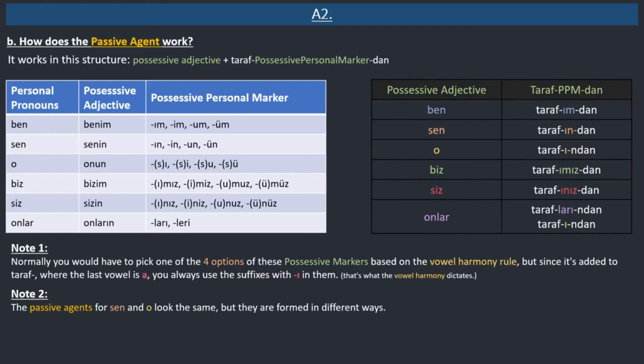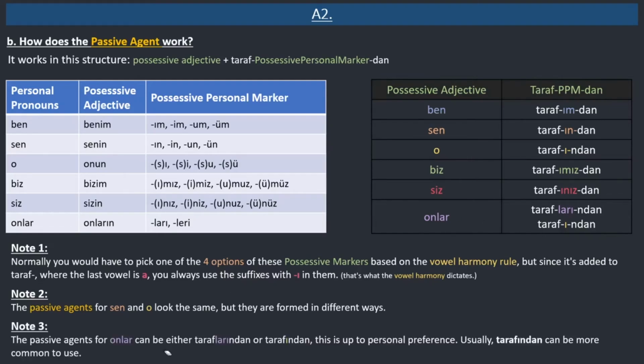Okay, and one more last note about the two options. Onlar tarafları. You can say onların taraflarından, or you can say onların tarafından. That is up to you. But from my experience, living in this country all my life, mostly I hear the singular option, onların tarafından.